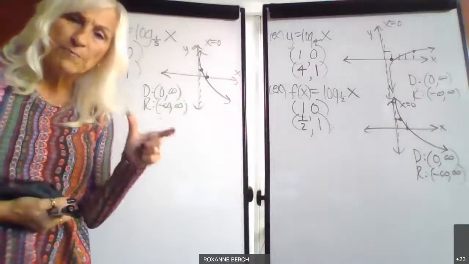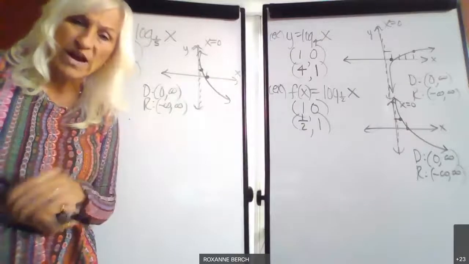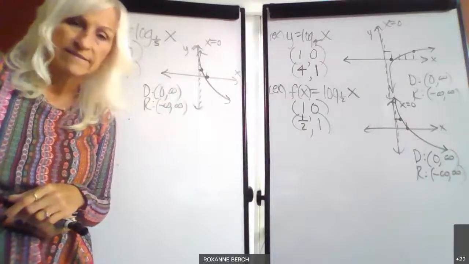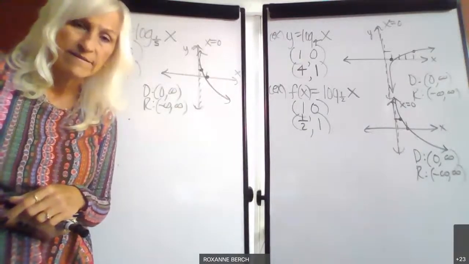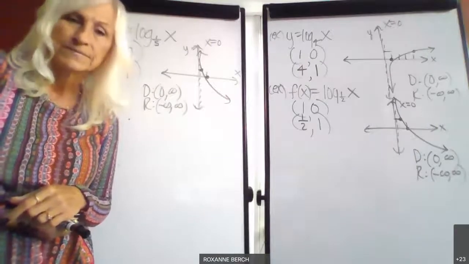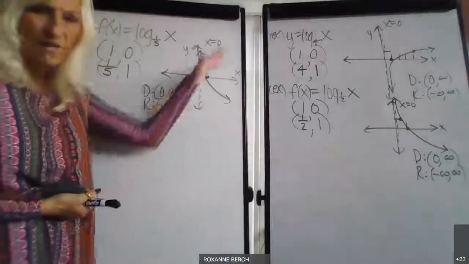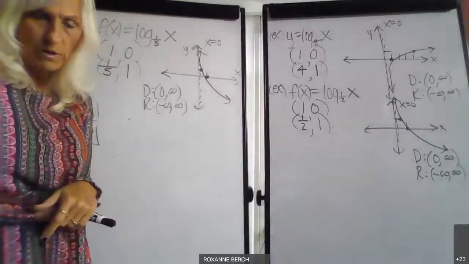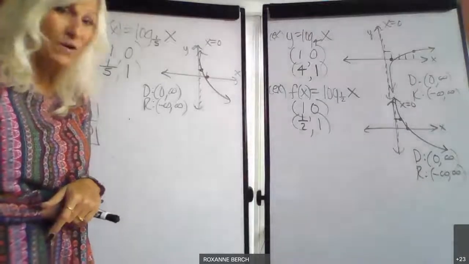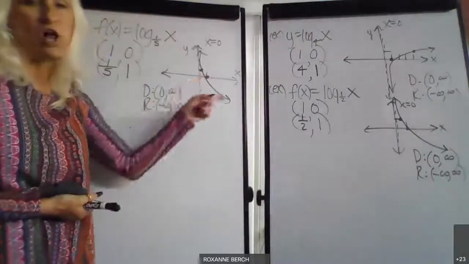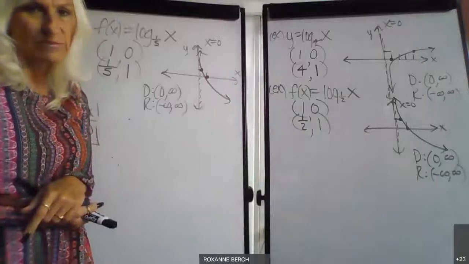All those proper fractions between 0 and 1 were exponential decay. So still applying here, correct? Okay, thank you. So if the base is greater than 1, it's going to go up along the asymptote. If the base is between 0 and 1, it's going to fall along the asymptote.